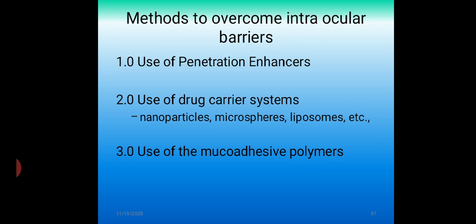So these were the three main methods to overcome the intraocular barriers. They include the penetration enhancers, which we discussed in the first class, and the use of mucoadhesive polymers, which we discussed in the last class, and in the third session we are discussing the drug carrier systems.